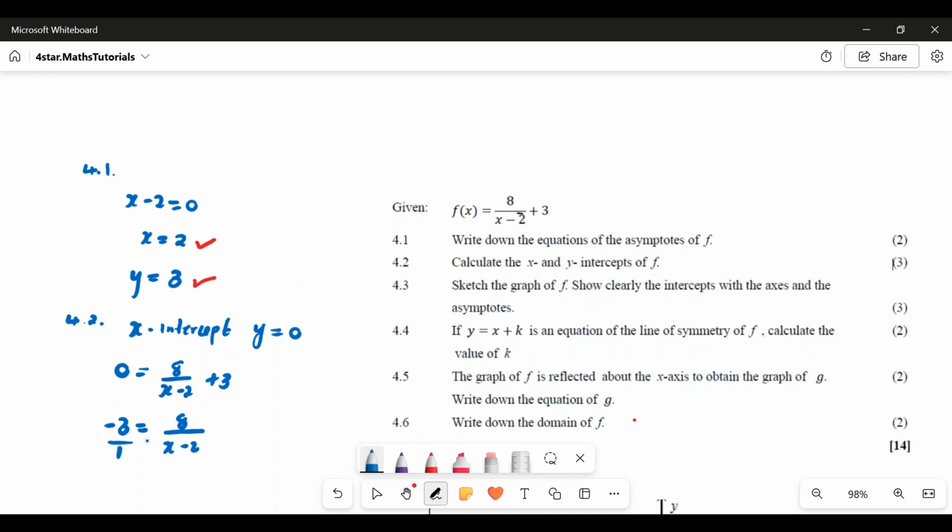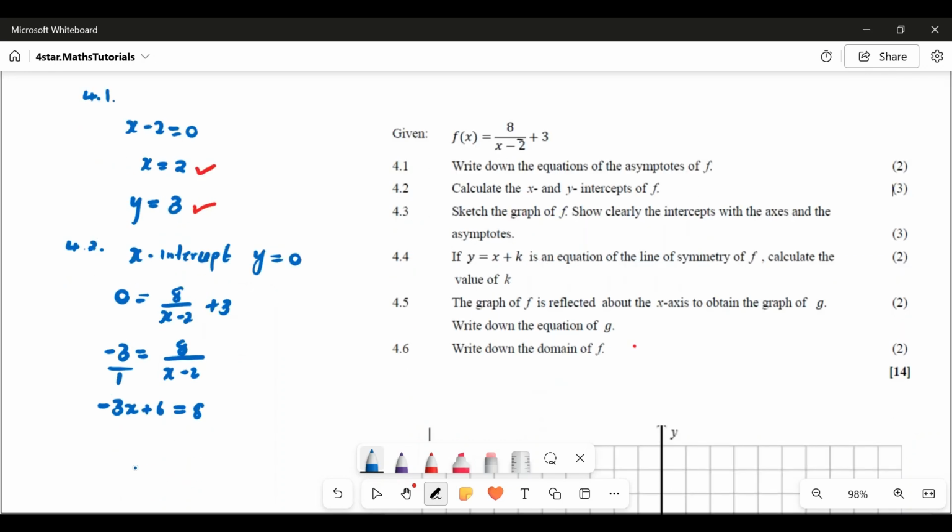Then this is divisible by 1. Can cross multiply. Then we are going to have 3x. 3 times negative 2 is positive 6. Then is equal to 8. Then let's try to make x the subject of the formula. Negative 3x is equal to 8 minus 6 is 2. Then the value of x is negative 2 over 3.